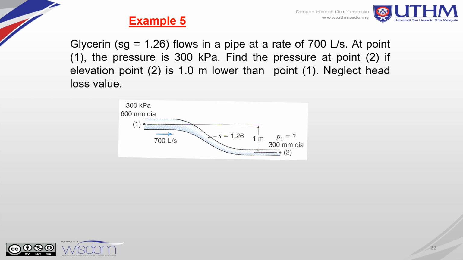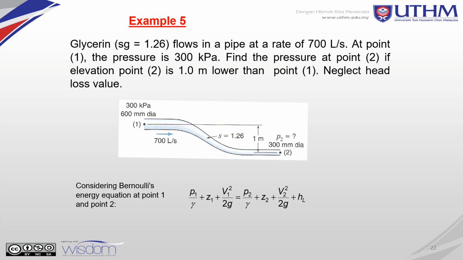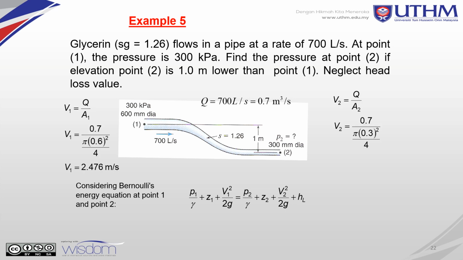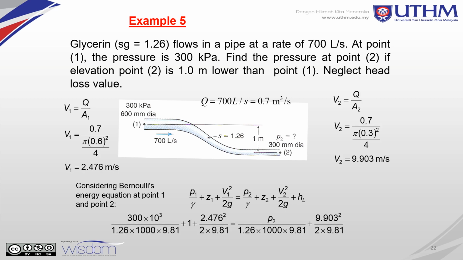Okay, so example 5. Glycerin with specific gravity 1.26 flows in the pipes at a rate of 700 liters per second. At point 1 here, the pressure is 300 kilopascal.